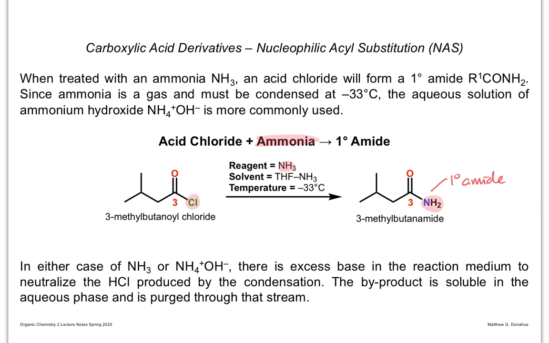So you can either use ammonia itself. That comes in a tank, we call it a lecture bottle. So you're handling a compressed gas, so there's safety issues. Normally, if people want to make a primary amide this way, you would just use ammonium hydroxide. So that's just ammonia bubbled into water.